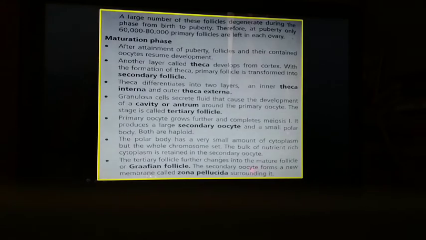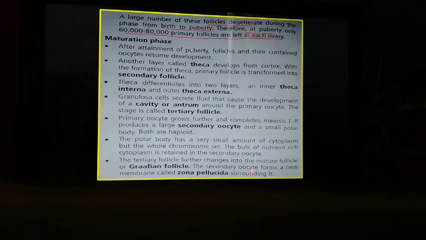Next, after the formation of primary follicles, from birth to puberty, many follicles degenerate. So at puberty only 60,000 to 80,000 primary follicles are left in each ovary.